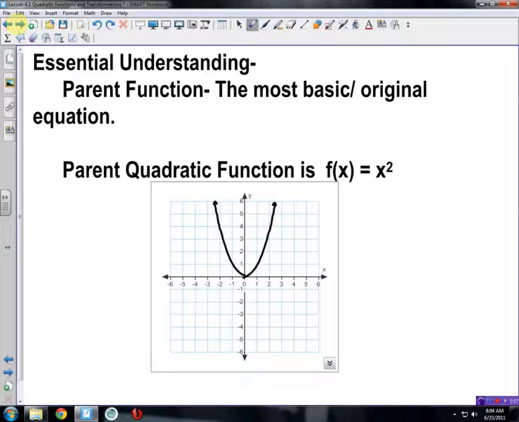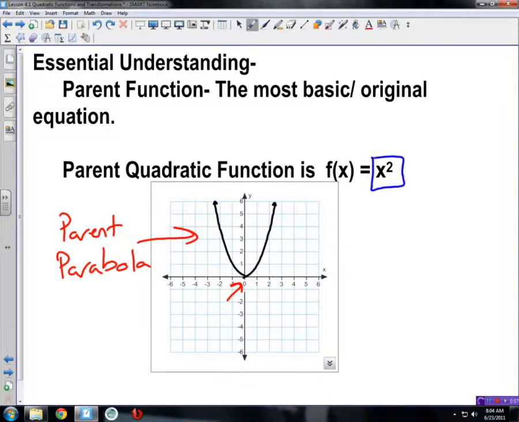And this graph here, this is the parent parabola. You'll notice it's facing up. It's got a vertex at (0, 0). And some things we can think about is this graph really comes from this place right there.